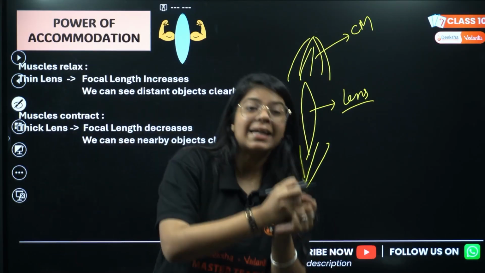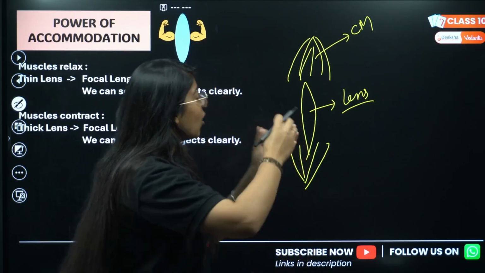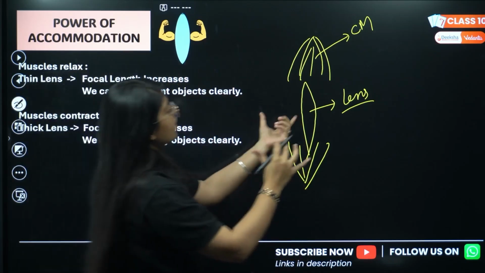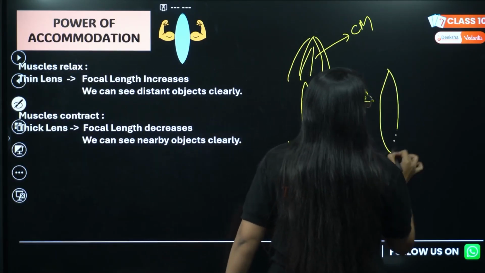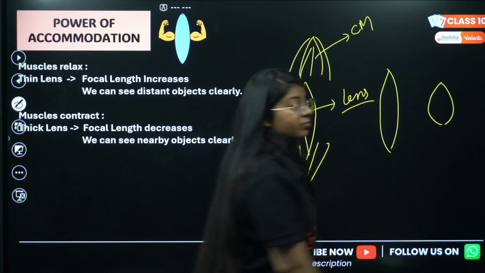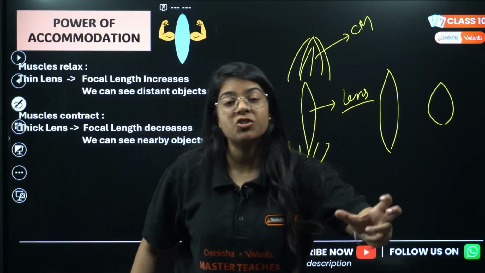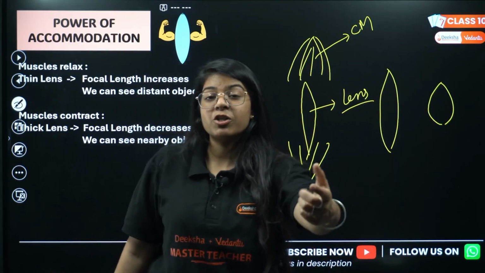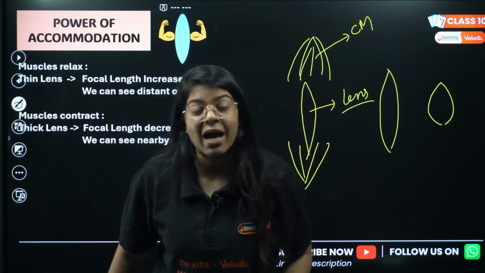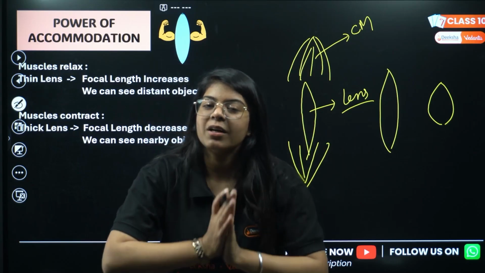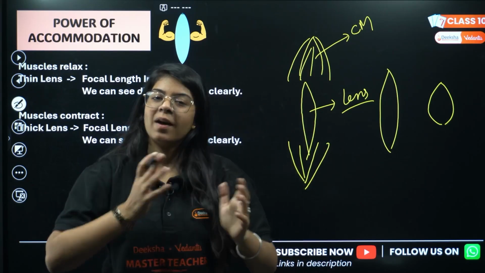So the ability of my eye lens to change its shape, it can be thin, it can be very thick, according to the distance of the object from the eye, is called power of accommodation of the eye.